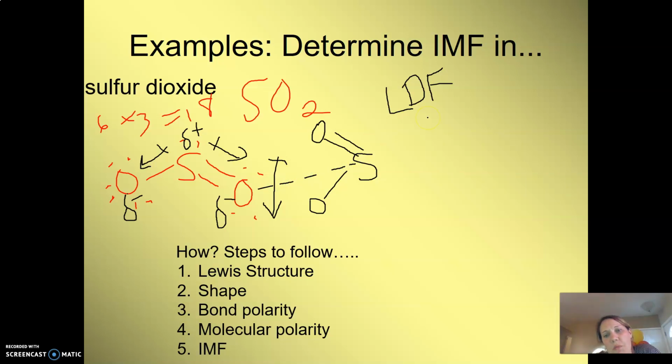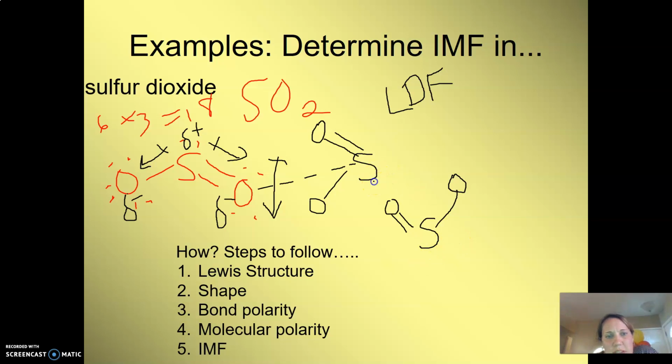That's what we're talking about when we're talking about the IMF. Please excuse the incomplete diagram of my SO2. And then maybe we have another SO2 this way. So we have an oxygen here, a double bond, a sulfur here, a single bonded oxygen there. And again, these oxygens would have their valence electrons on the outside. I'm not drawing them. And this sulfur would have its valence electrons.